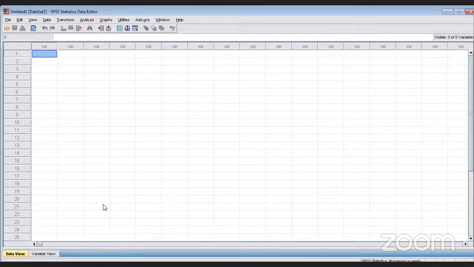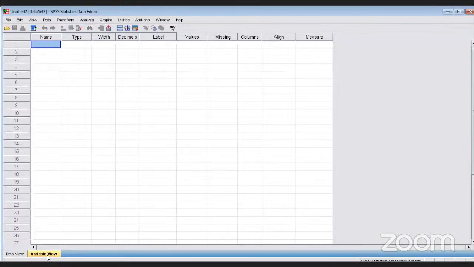Now, I first of all go to the data view. Are you able to see this file? SPSS. Okay, so we go to the variable view, and here I write whatever you want.